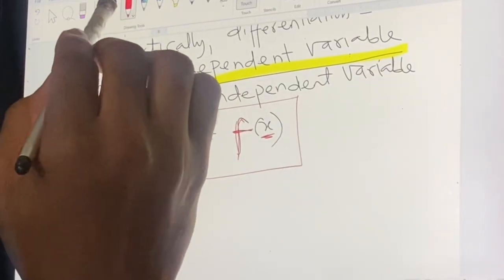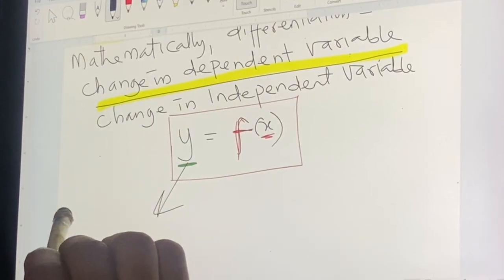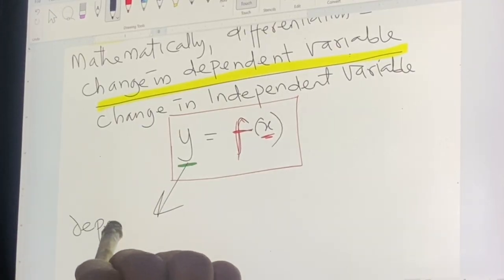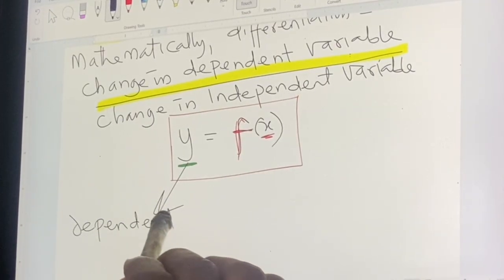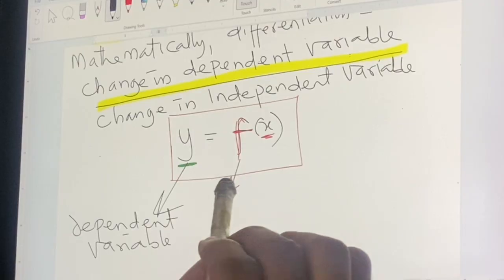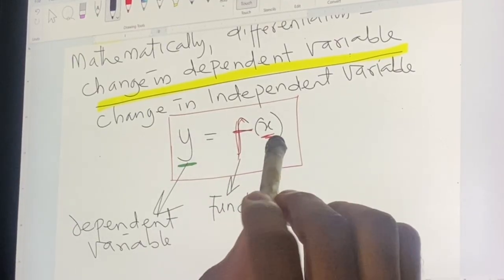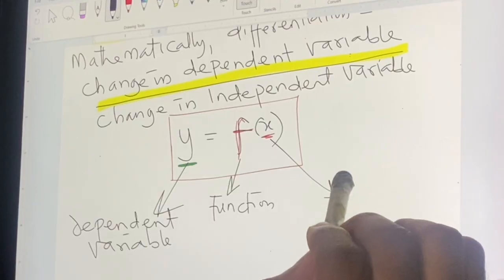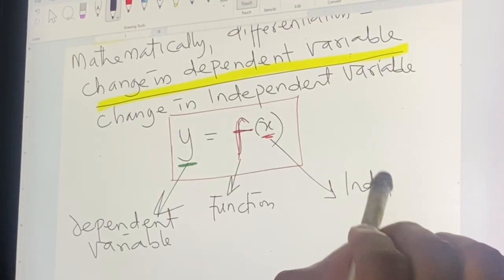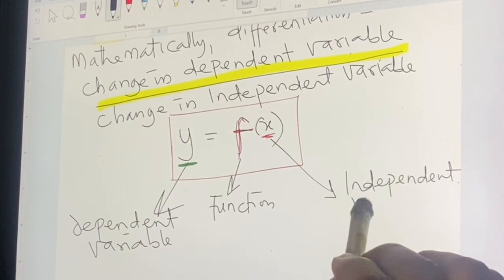So our dependent letter here is y. This is dependent. We all know that this f represents function. s is what? Independent variable.